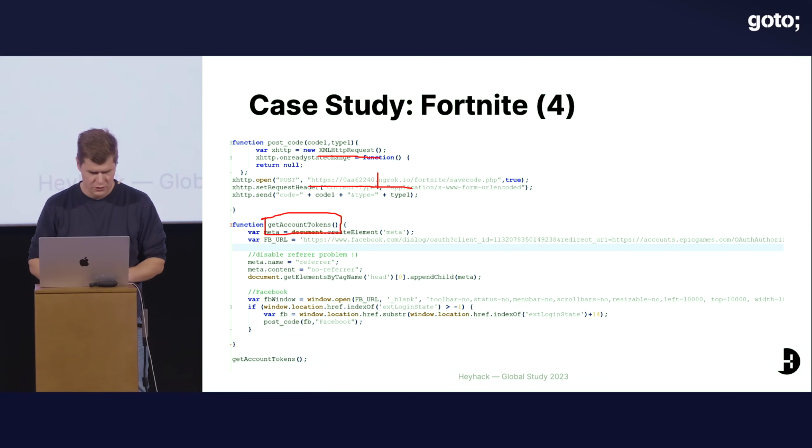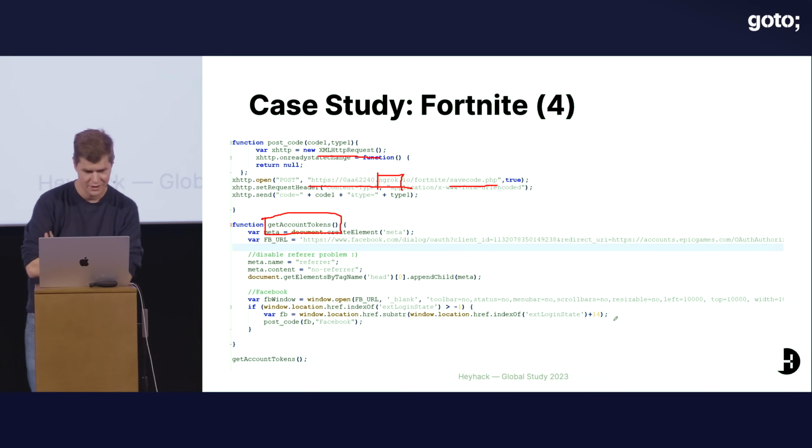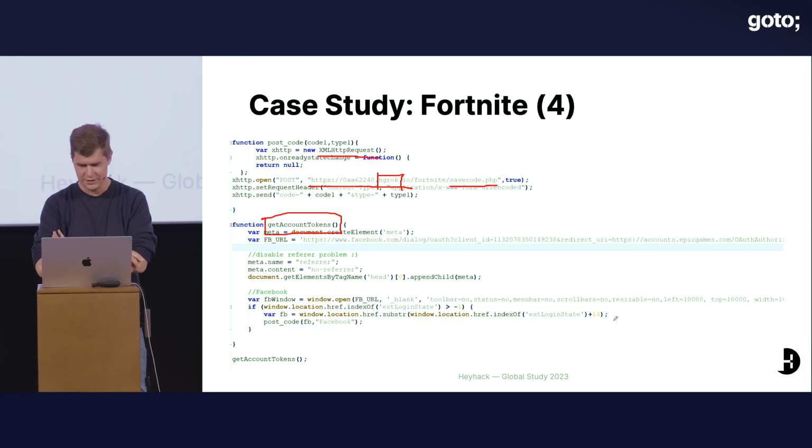They exposed that service using ngrok, which you might know of as well. It's basically just a service that allows you to take any local server you've got running on your PC and get a public host name. And they made this little script called savecode.php, and it basically just took whatever code was sent via the POST request and saved that.